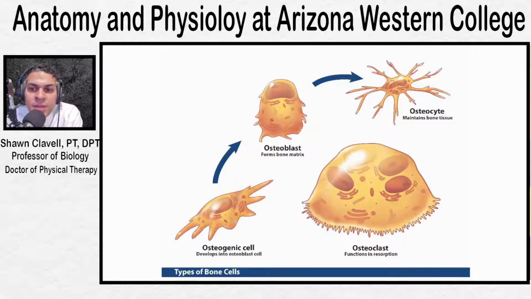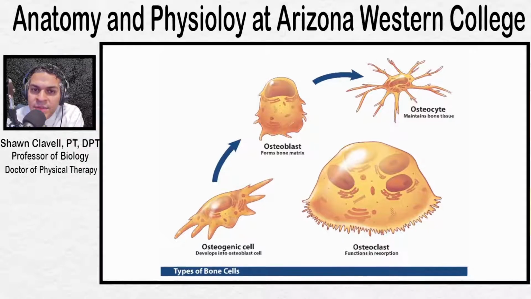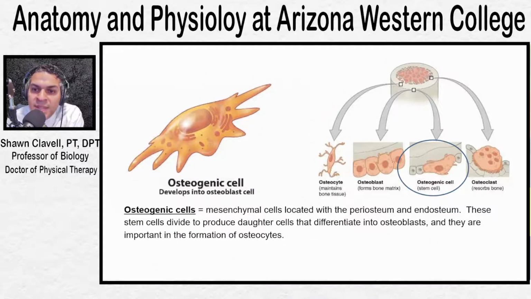Bone is associated with 4 cells that account for approximately 2% of all of the bone's weight. This includes osteogenic cells, osteoblasts, osteocytes, and osteoclasts. We'll look at each of these individually. Starting with osteogenic cells, these are mesenchymal cells.